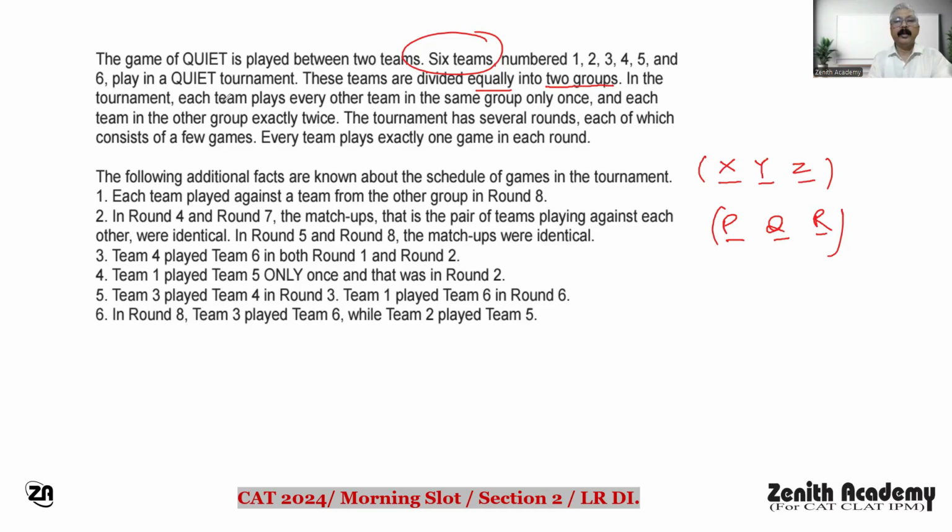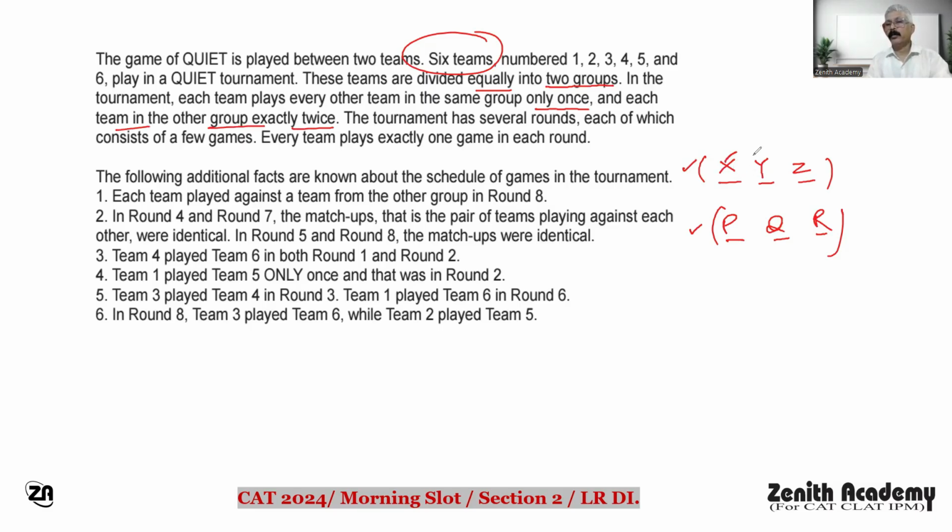And here it is given: in the tournament, each team plays every other team in the same group only once, and each team in the other group exactly twice. So one group is this and another group is this. In the same group, X, Y, Z will play each other only one game.